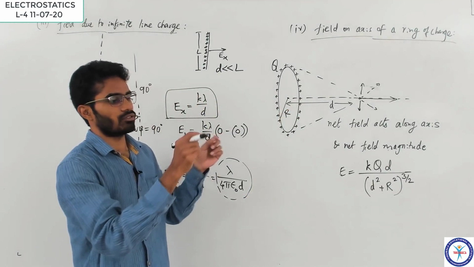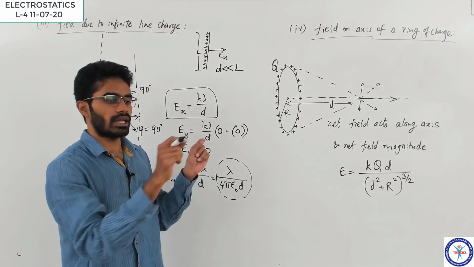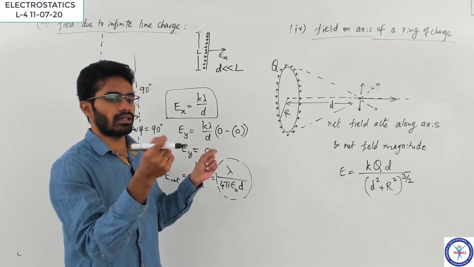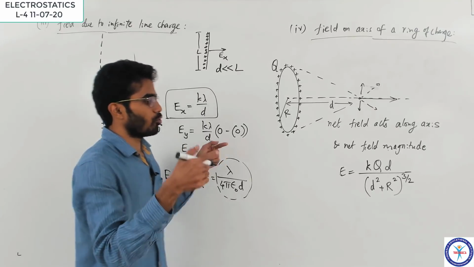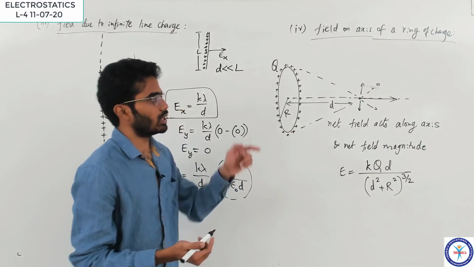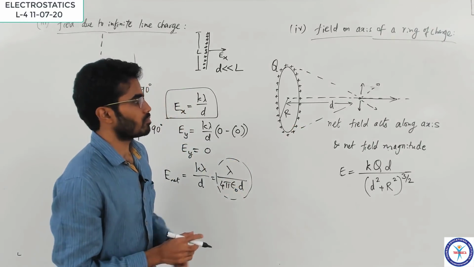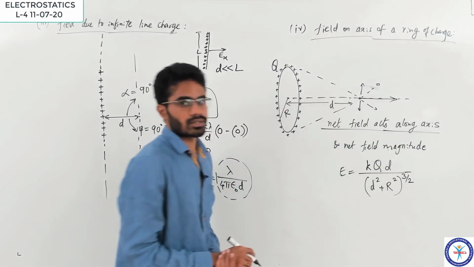Anywhere, if you take diametrically opposite ends, right? Take the diameter of the ring and consider two elemental charges on either side of the diameter. Now for the fields due to them, their vertical components will get cancelled out, and only horizontal components add up. That is why the net field acts along the axis.